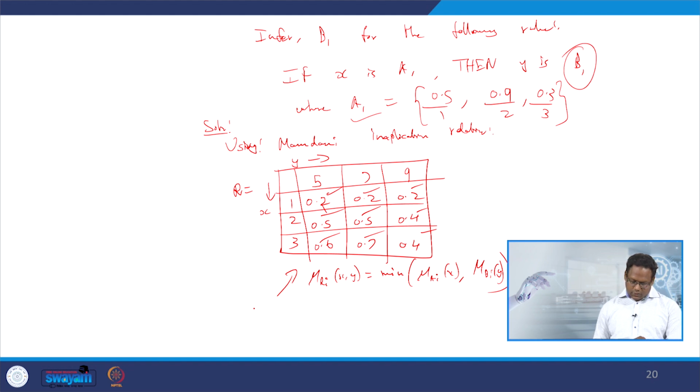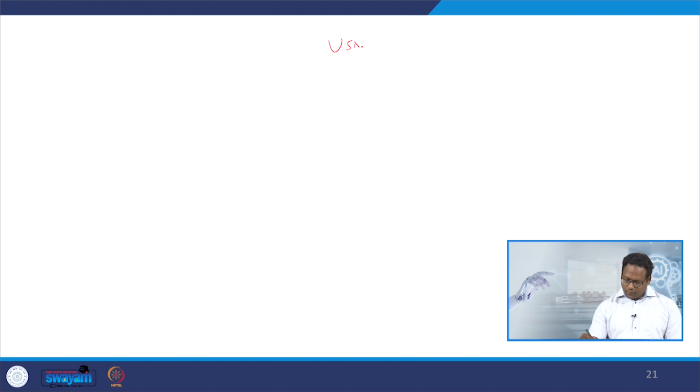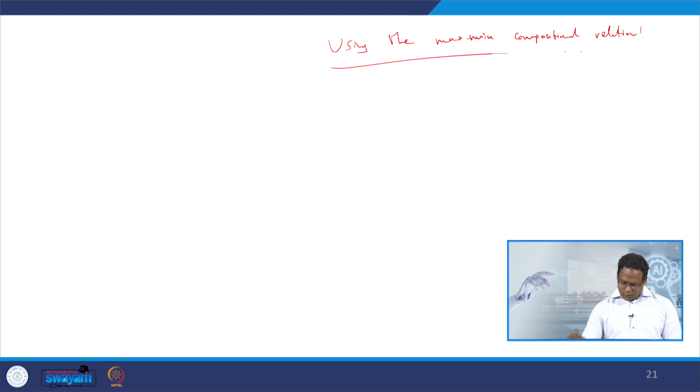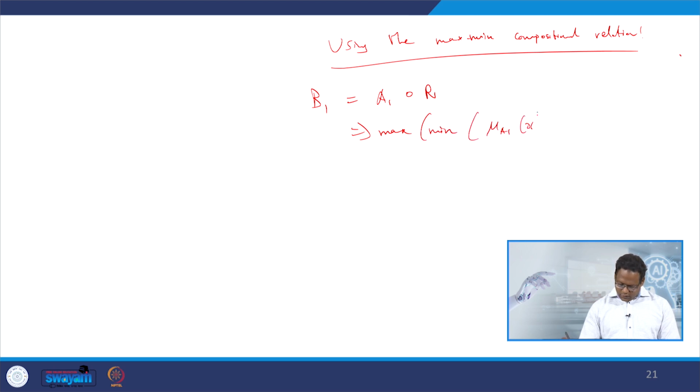Now, using the max-min compositional relation or operation, we can have B1 equal to A1 composition relation matrix R. That is nothing but the maximum of the minimum of mu A1 of x comma mu R of x comma y.